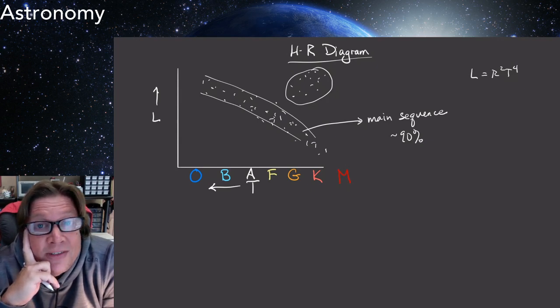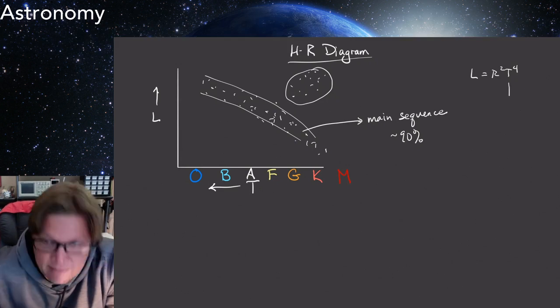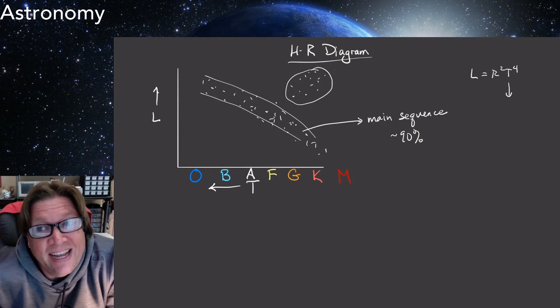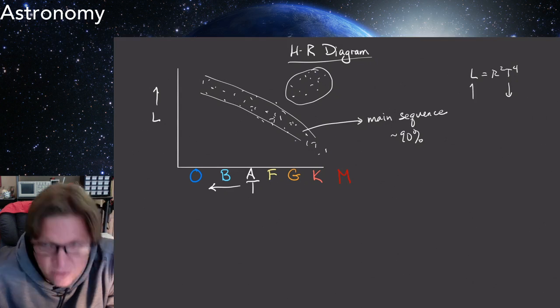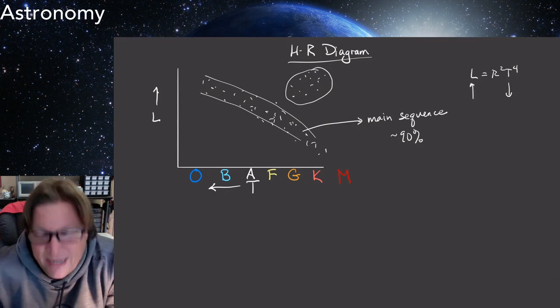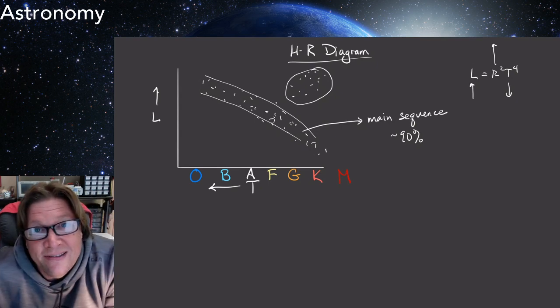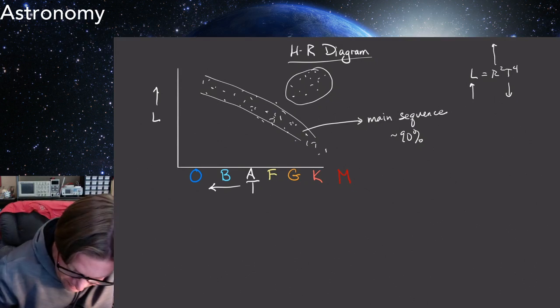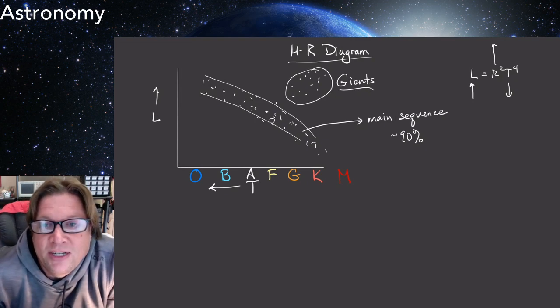So the T is low, but the luminosity is high. So if the T is low, what's the only way that the L could be high? The only way that could happen is if the radius is really high, right? These are giants. Those are called giants.